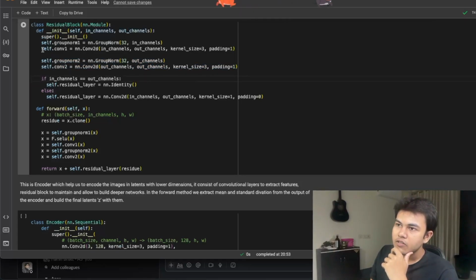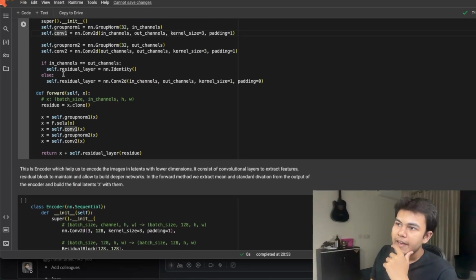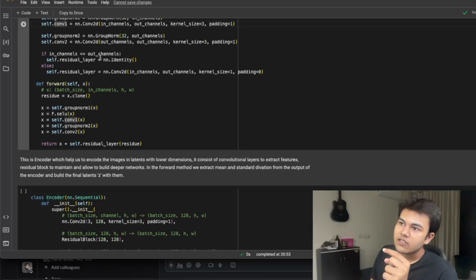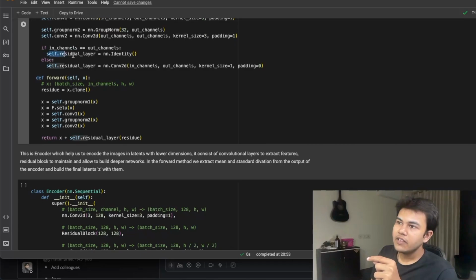So there are two blocks here: the first is group norm and conv1, and then group norm 2 and conv2, right? And if the in channels and out channels are the same, we just define an identity as the residual layer.